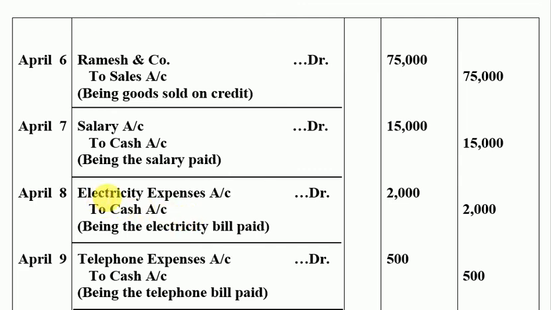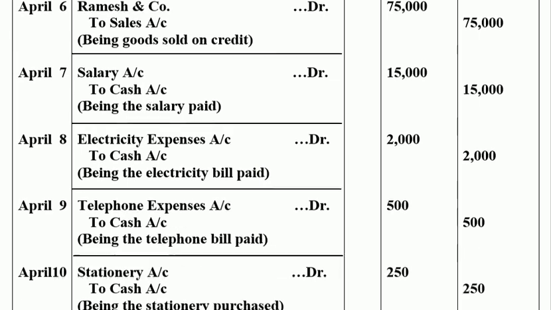Whenever expenses increase, that will be recorded on the debit side. Got it? And on behalf of expenses, what is going out from our business? That is cash. Here assets decrease by way of cash, that's why it is recorded on the credit side. Clear? So the entry is electricity expenses account debit to cash account 2,000, being electricity bill paid.